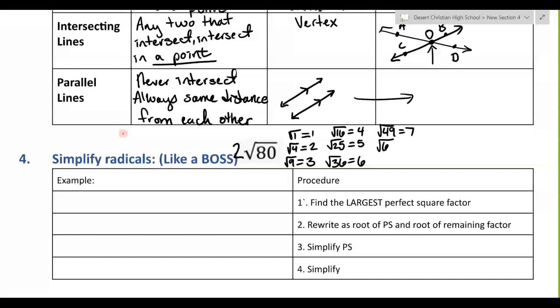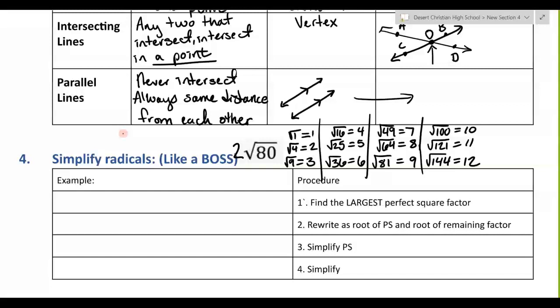64 is 8, 81 is 9, 100 is 10, square root of 121 is 11, and square root of 144 equals 12. All right, so these are our perfect square facts, the square root of each of these numbers and their values.